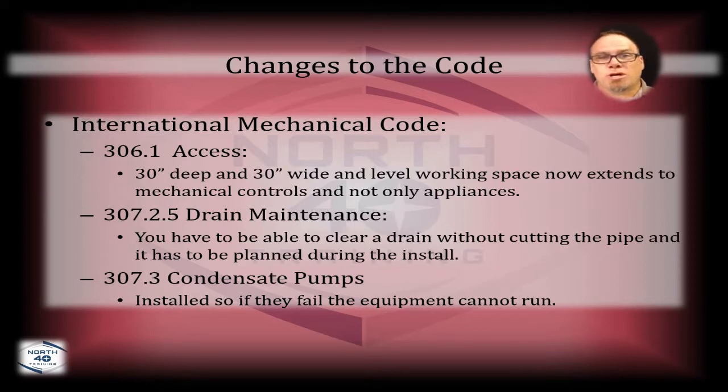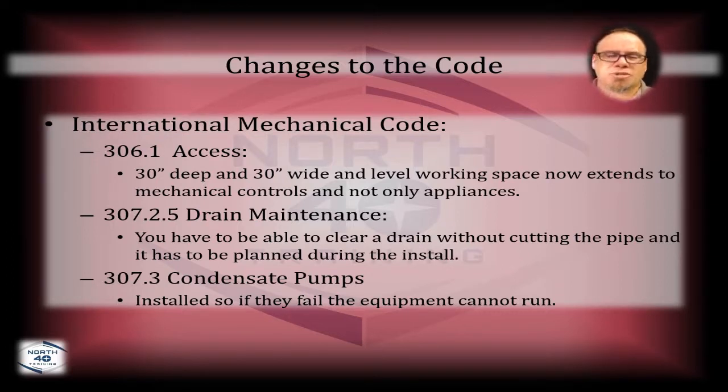Some people have used a sludge sucker. That used to be one of my favorite tools, where you're actually able to draw from outside using nitrogen. Great tool. Okay, but now code says you've got to have a planned maintenance procedure.